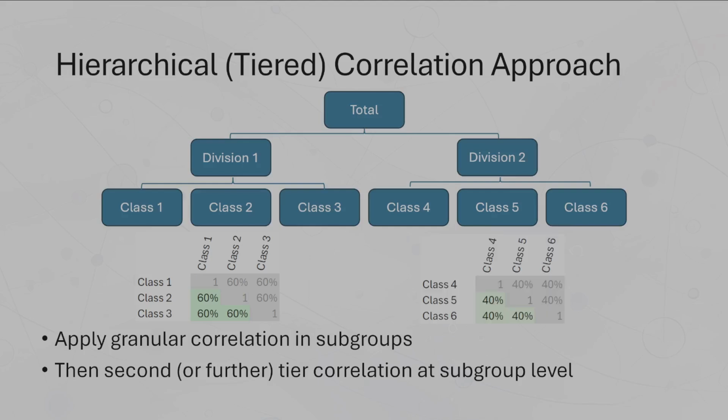We'll apply another to 4, 5, and 6, but now we need a new correlation. We need some correlation that's going to apply to the total at division 1 and the total at division 2. So we need this new third correlation matrix now. And this gives us 7 parameters we need to pick.